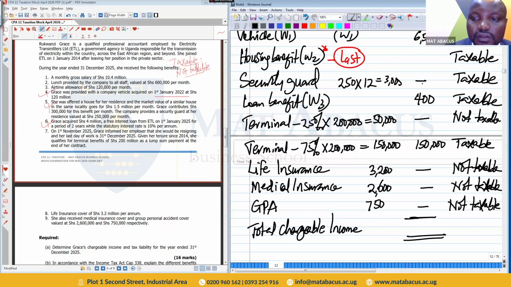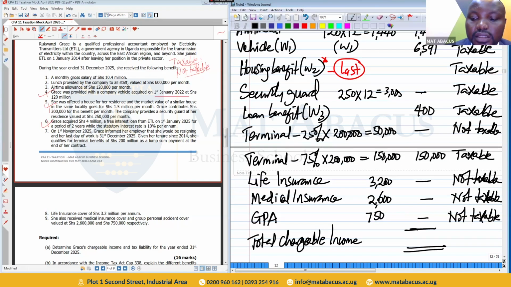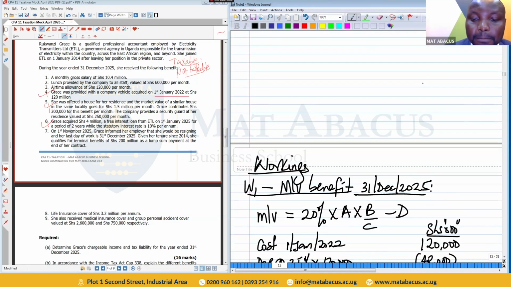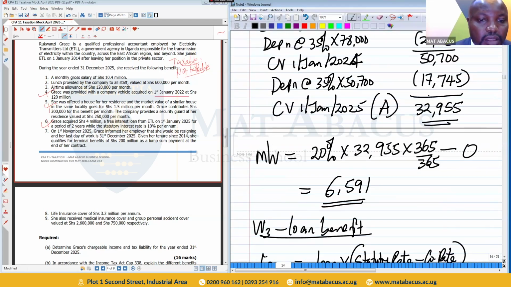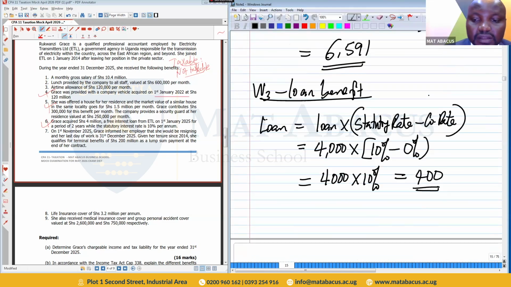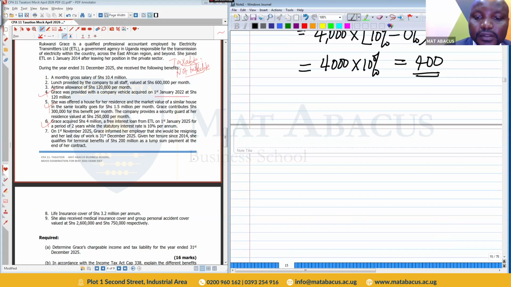So after we do this, then we need to do housing benefit. That's why I told you that housing benefit is done last. This is the reason this is working 2, housing benefit.